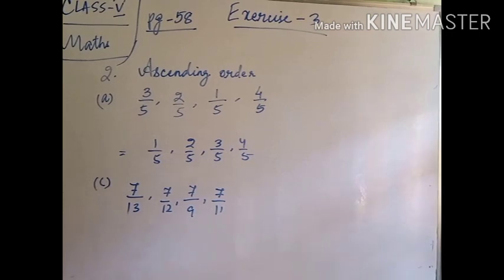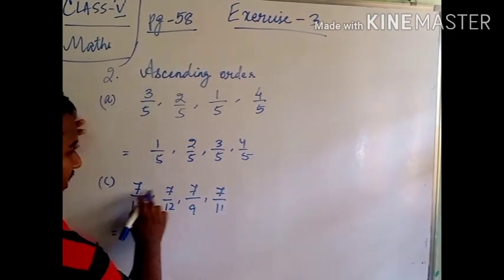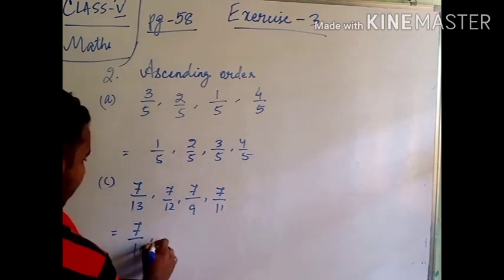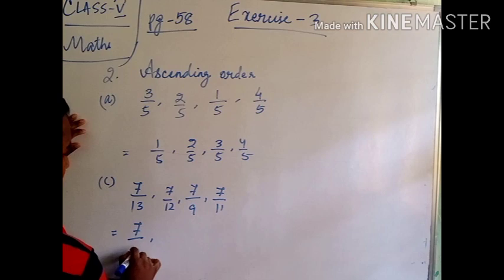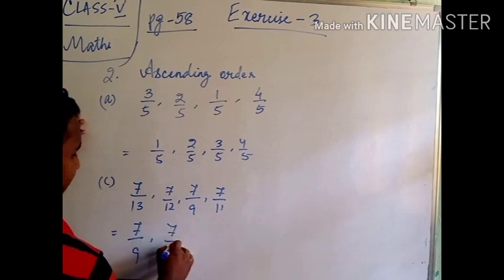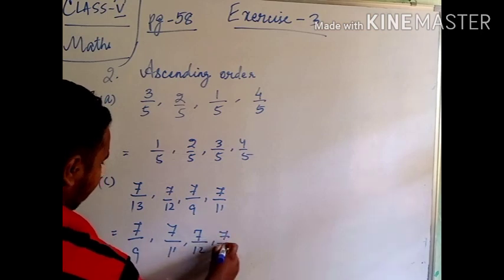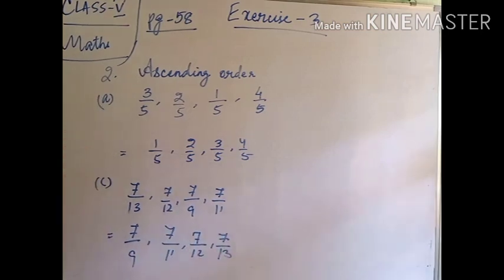How will we do this one? A simple way is, let the numerators be the same. You just write 7 by 11, from the lowest, 7 by 9, 7 by 11, 7 by 12, 7 by 13. This is the easiest one.